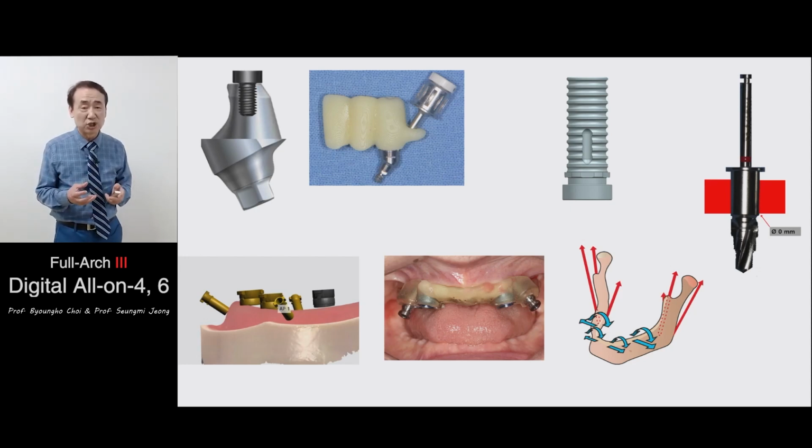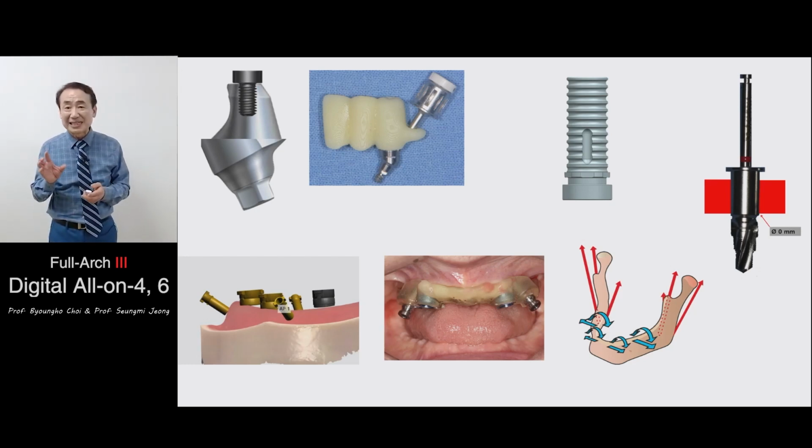I talked about the guide system having zero tolerance, a surgical guide having long sleeves, the 2 anchor screw fixation method to fix the surgical guide, and the mandibular dynamics.